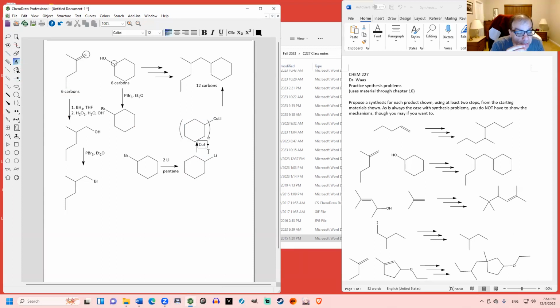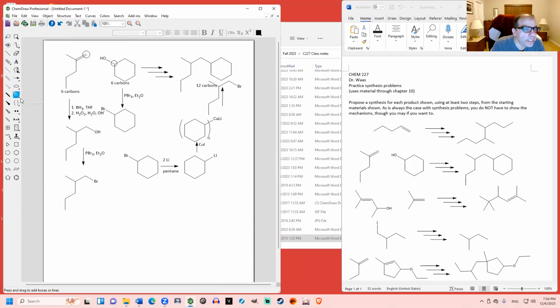That makes the cuprate. And then we treat the cuprate with this alkyl halide, and that gives the product.